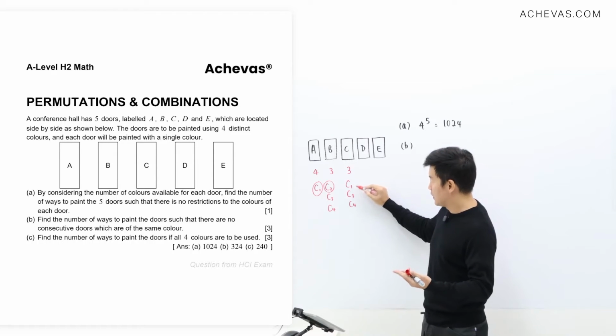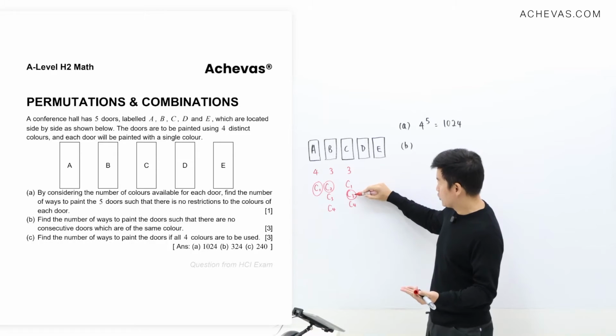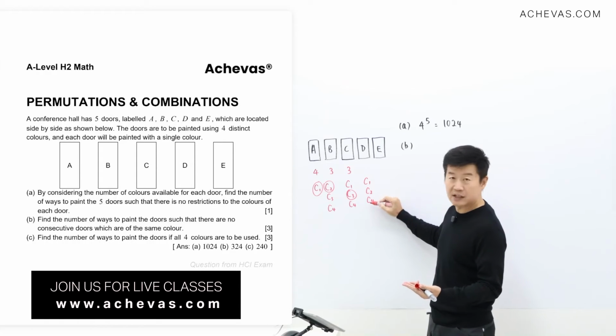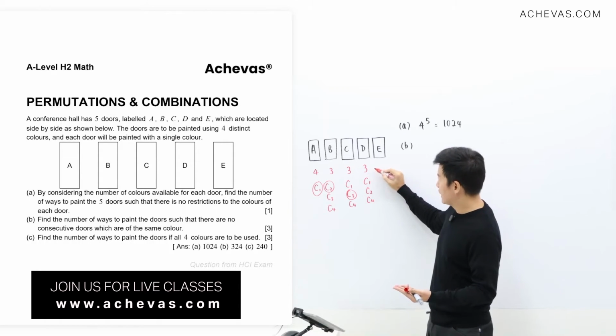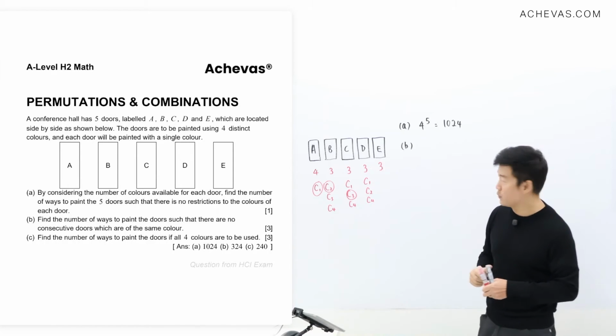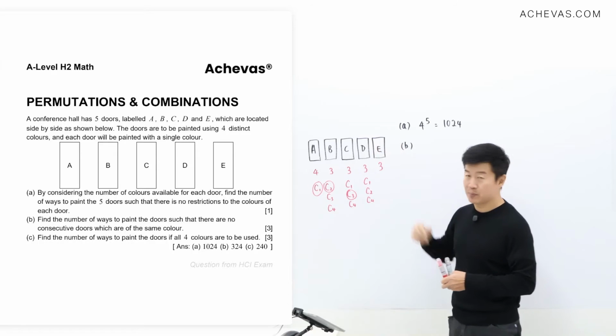Let's say the next one that I choose is C3, or it can also be C1 or C4. So either one of them, right? So let's say I choose C3, then here it will be either C1, C2, or C4. Another 3 options. We can also imagine that for the very last door, we will also have 3 options in order for this door's color not to be the same as the previous door.